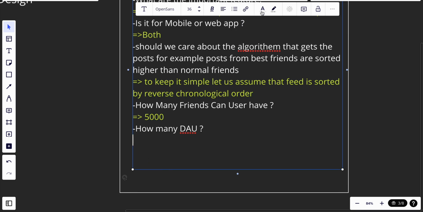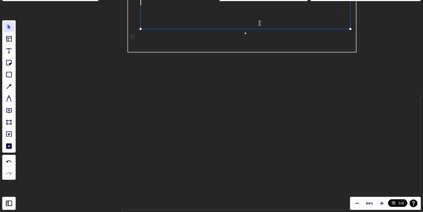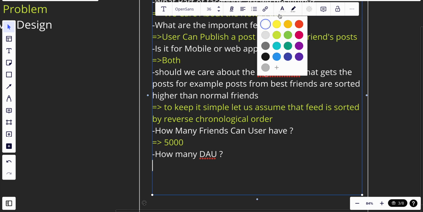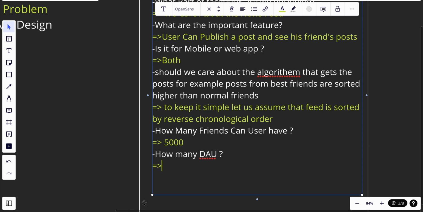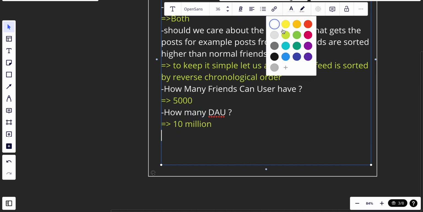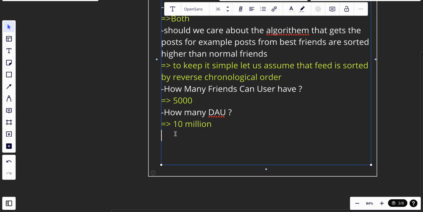So we expect to have 10 million. And I will say that, okay, can the feed contain images? Because we have some posts that contain images, it's quite important.